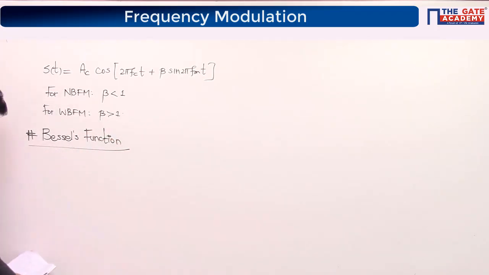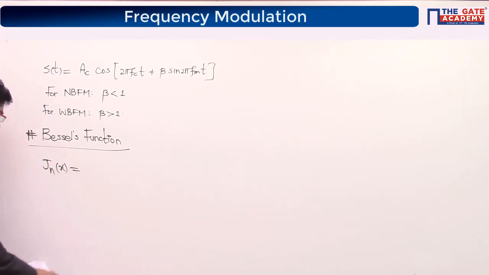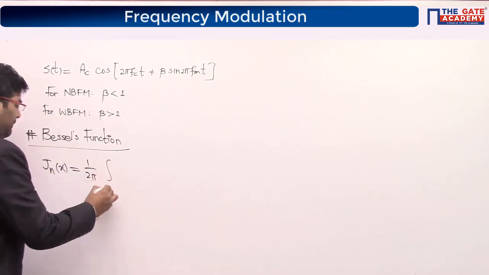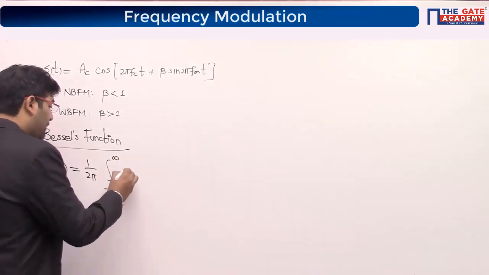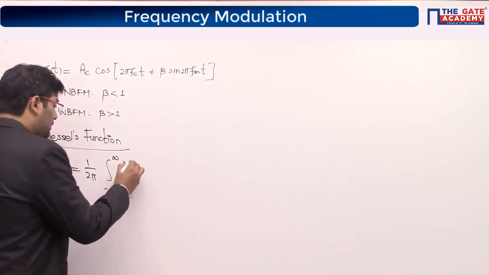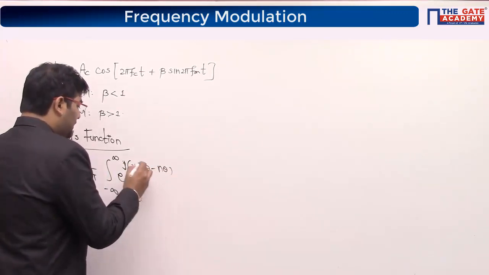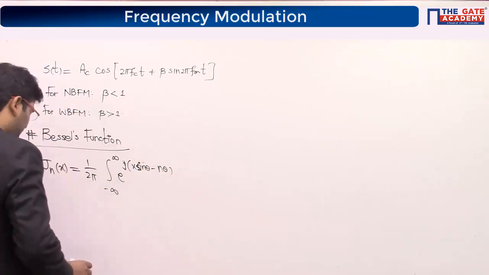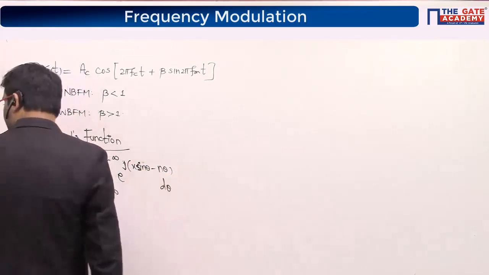Bessel's function is a mathematical concept which says Jn of x equal to 1 upon 2 pi, integral from minus infinity to infinity, e to the power j (x sin theta minus n theta) d theta.